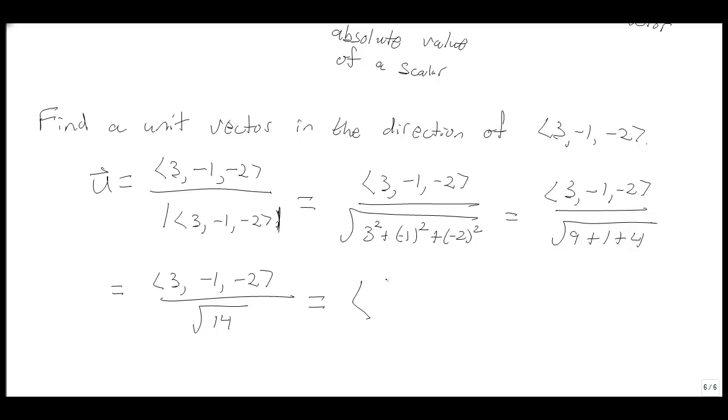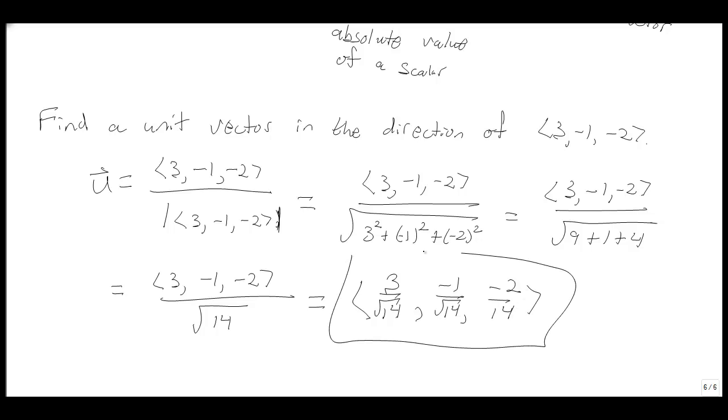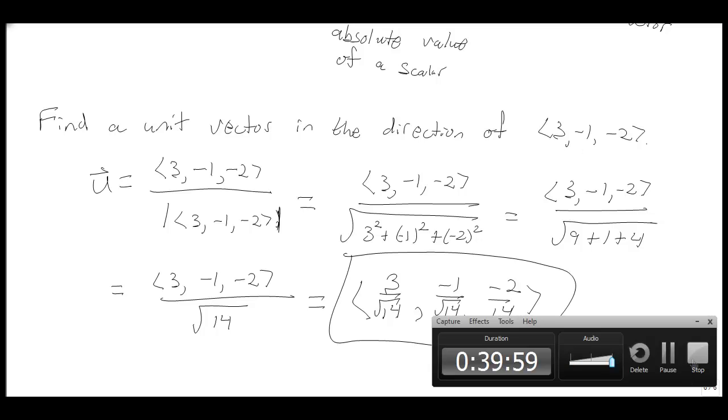If you work that through, I really just divide component-wise: 3 over square root of 14, negative 1 over square root of 14, and then negative 2 over square root of 14. So this is your unit vector in the same direction as 3, -1, -2. And that's going to end our slides here.